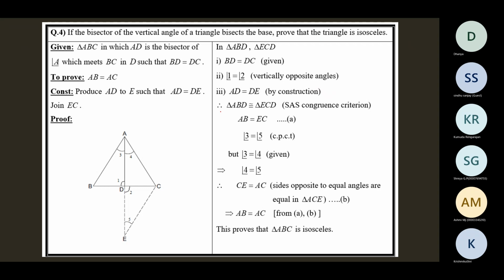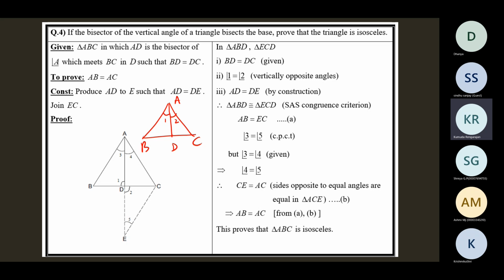That means in a triangle, supposing we have AD, if AD has two properties, that is AD bisects angle A as well as AD bisects the base BC.